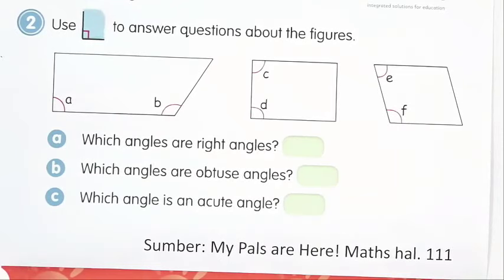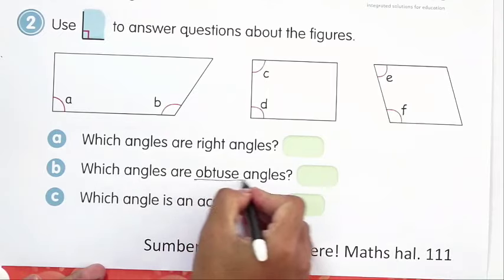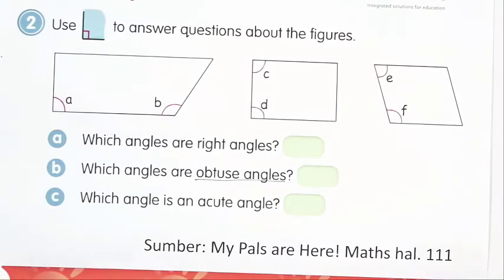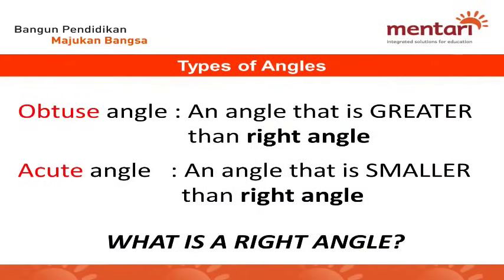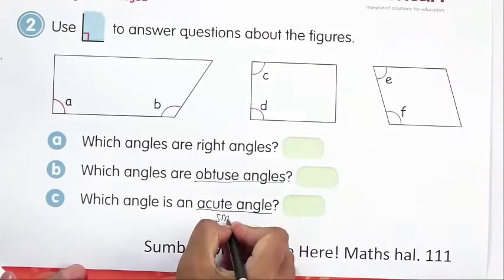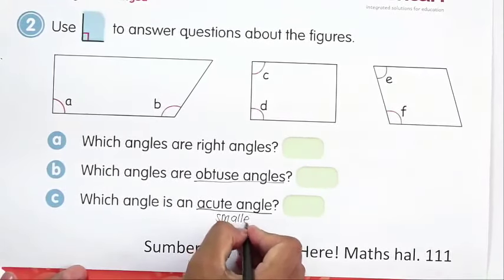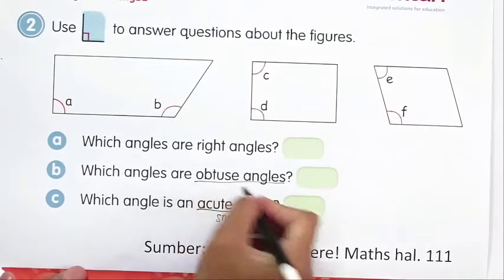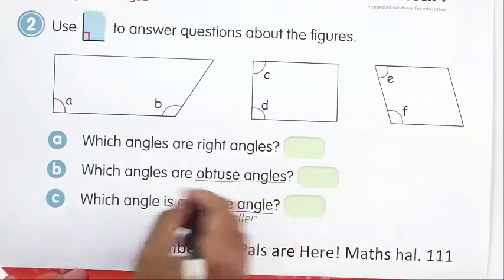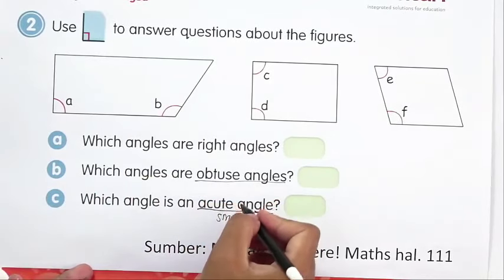Do you still remember obtuse angle? An obtuse angle is an angle that is bigger than a right angle, yeah? And which angle is an acute angle? Yeah, do you still remember acute angle, right? An acute angle is smaller, yeah? Let me help you to remember the obtuse angle and acute angle.